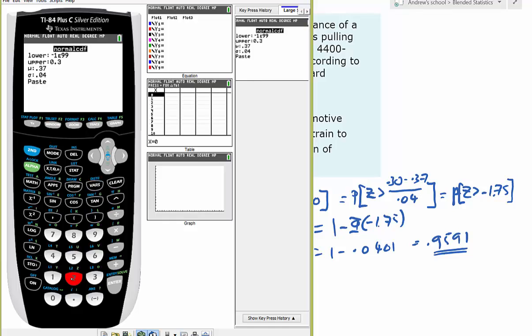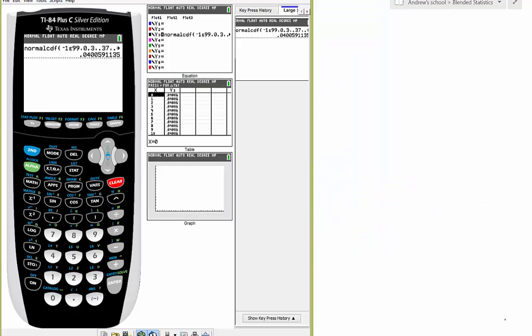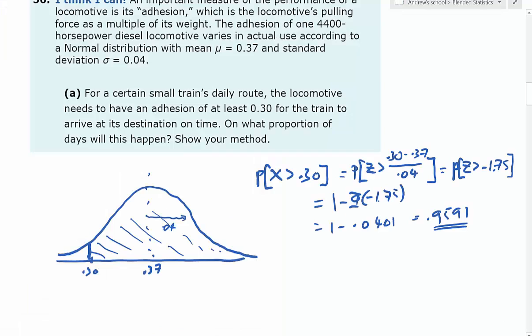We can see right here on the screen the lower bound of a very large negative number, upper bound of 0.3, mean of 0.37, standard deviation of 0.04, and we see that it gives us an answer of 0.04006, which corresponds with the table precisely. So both methods confirm that the answer to part A is that 96% of the time the locomotive will arrive at its destination on time.